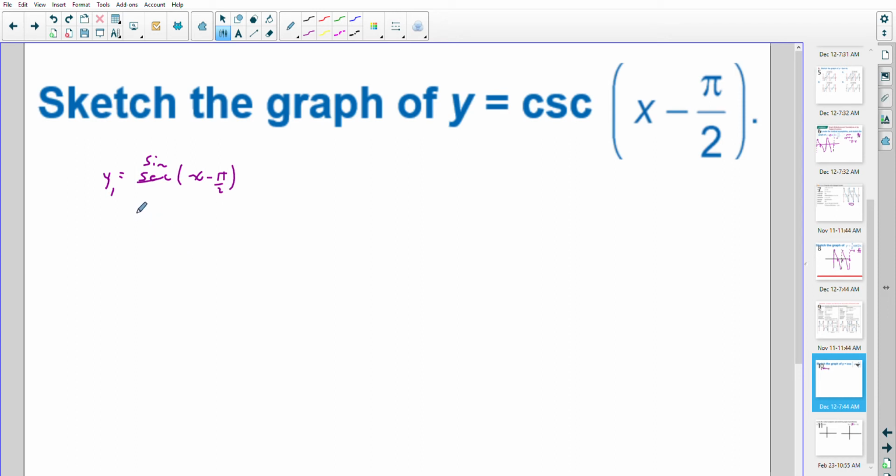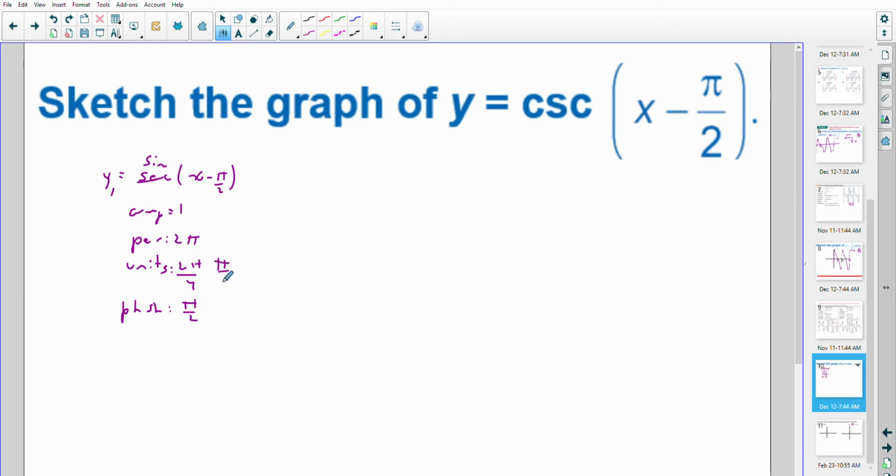All right, amplitude is equal to 1, period is equal to 2 pi over b, which is 2 pi. The units are 2 pi over 4. And the phase shift is negative c over b, which is going to be negative negative pi over 2 over 1, which is pi over 2.